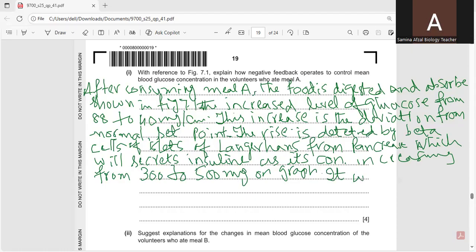It will convert the excess glucose into glycogen.